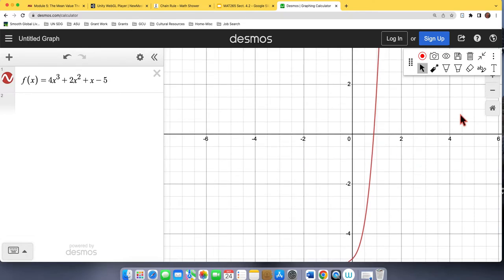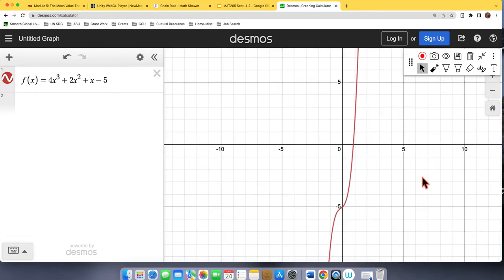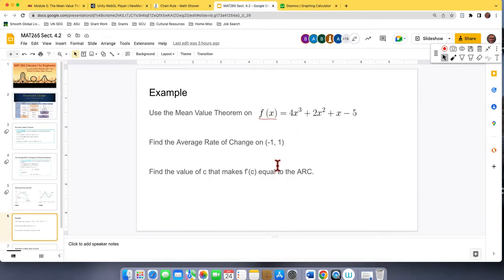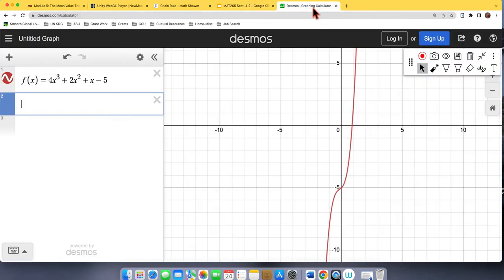Let's go out a little bit. So I'm just going to show you a cool way using Desmos. We want to find between -1 and 1. I chose those points because they're fairly easy to plug in.